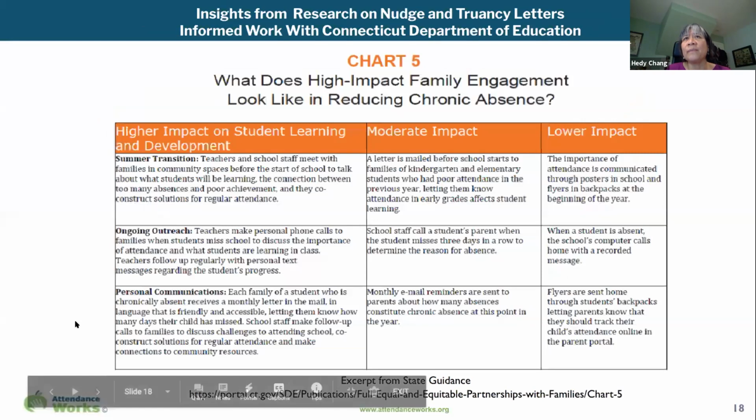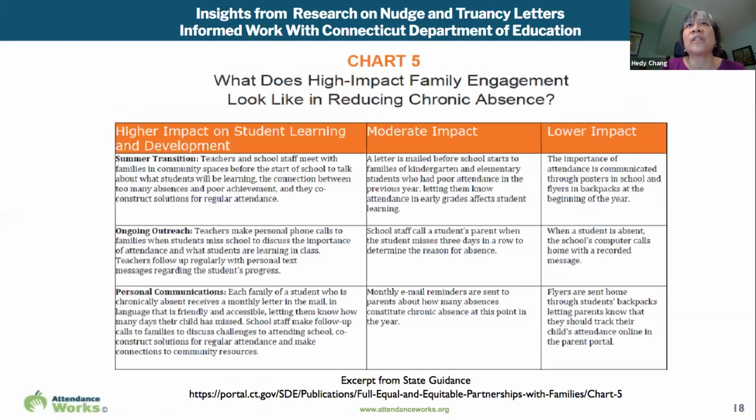When we've used this research, this is an example of work they did in Connecticut, where they were really trying to think about how would you go from lower to higher impact family engagement. This is actually a chart they did where they talked about strategies for reaching families.